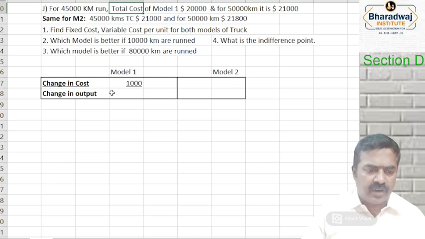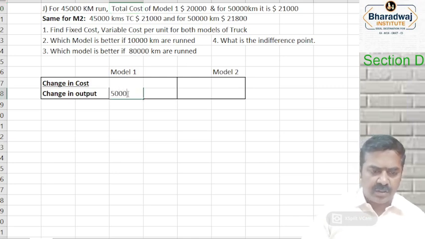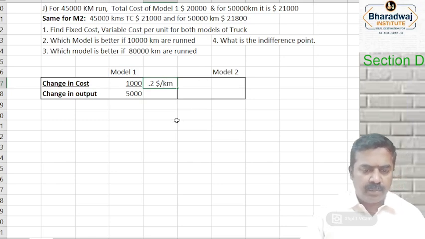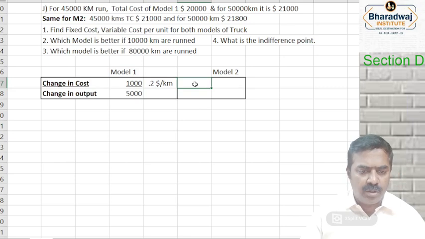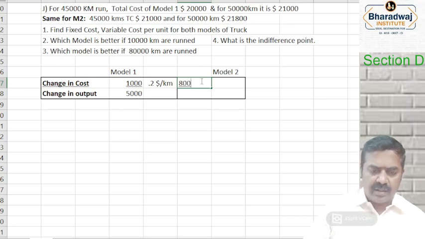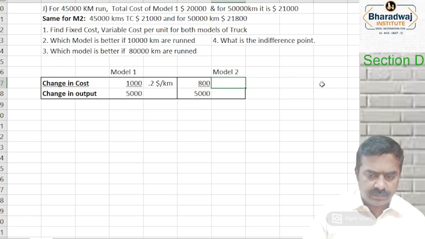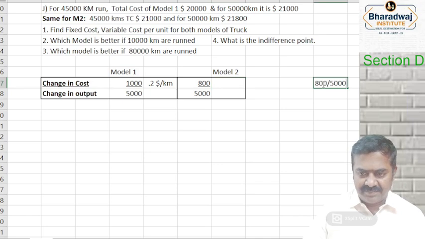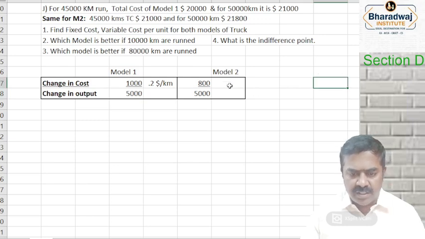How many kilometers? 45,000 to 50,000 means 5,000 kilometers. It is $0.2 per kilometer. Model 2, 21,000 to 21,800. 800 divided by 5,000. How much will it be? Change in cost by change in output, 0.16 per kilometer.